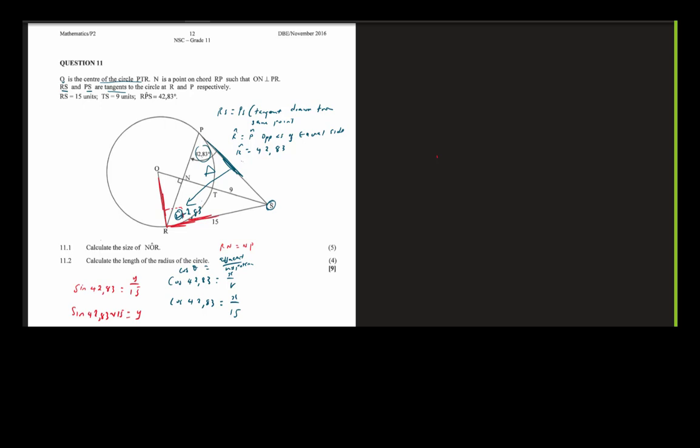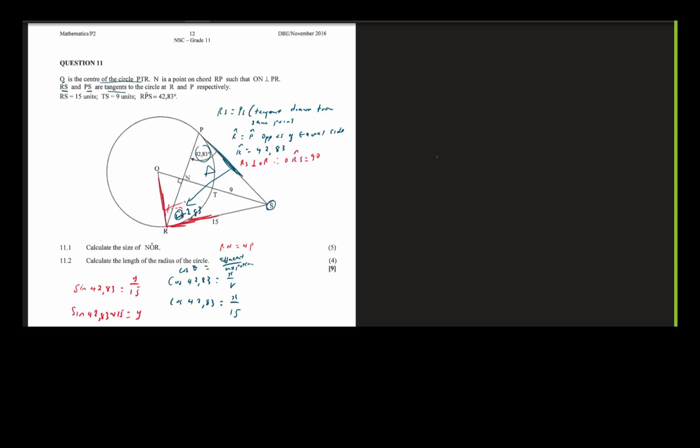You now say RS is perpendicular to OR. RS is the tangent, OR is the radius. So RS is perpendicular to OR. Therefore this angle here, ORS, is 90.